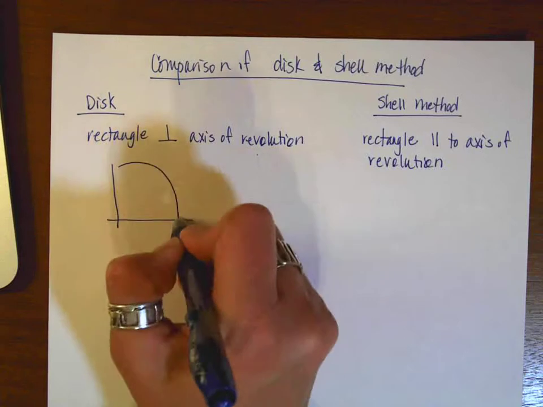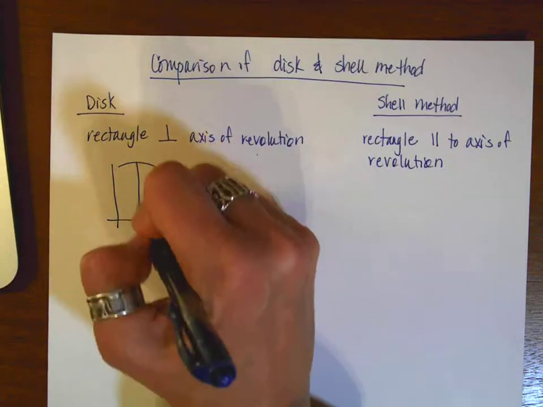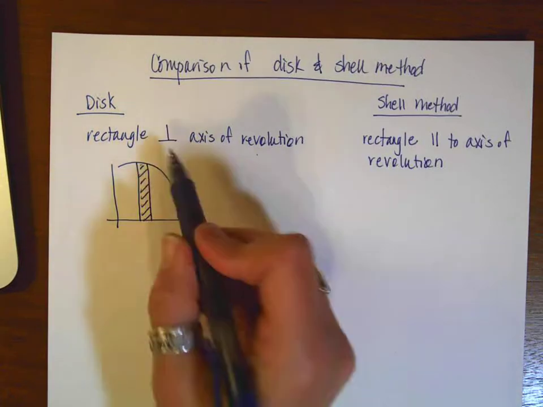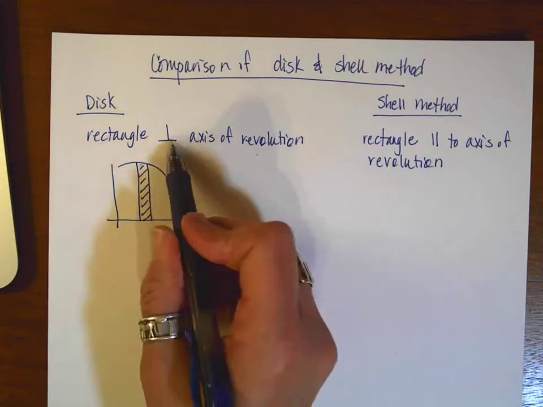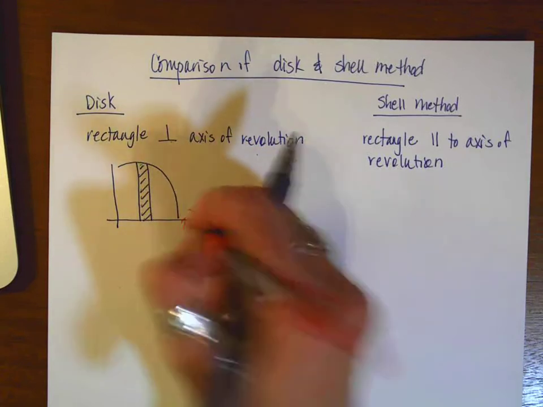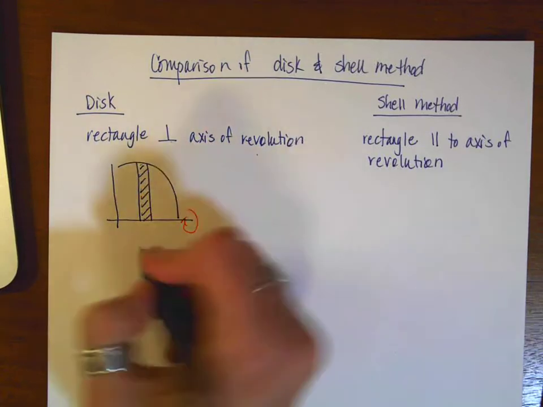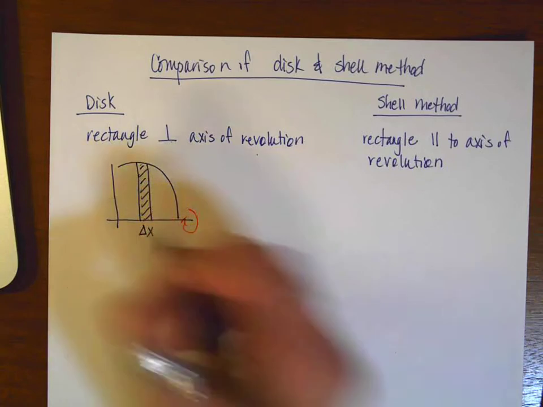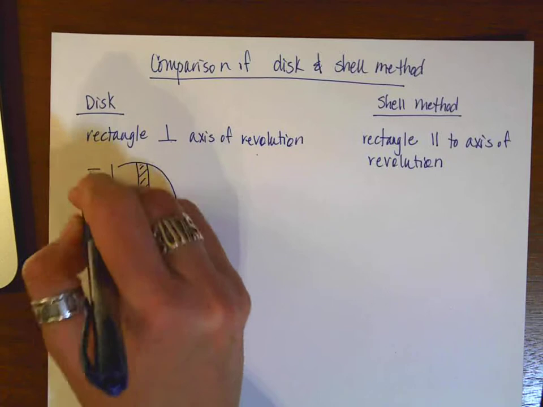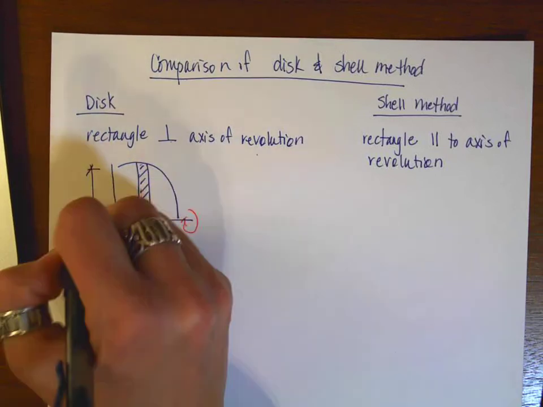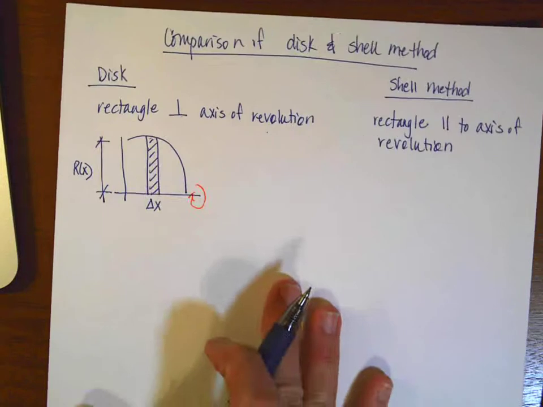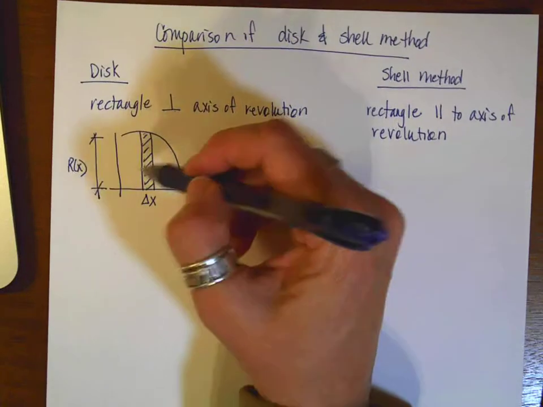So then if I draw a picture, let's say I have some random curve, and I draw my little rectangle, okay? In the disk method, my rectangle is perpendicular to the axis of revolution, which means that this is going to be my axis of revolution. This is a delta x. This distance is the height of the rectangle, and we call it r of x.